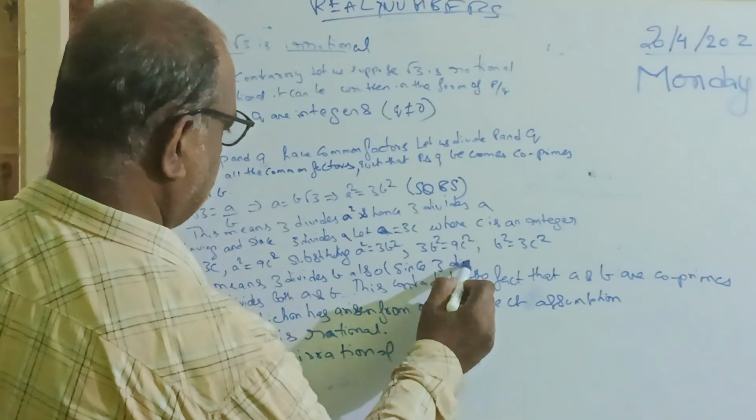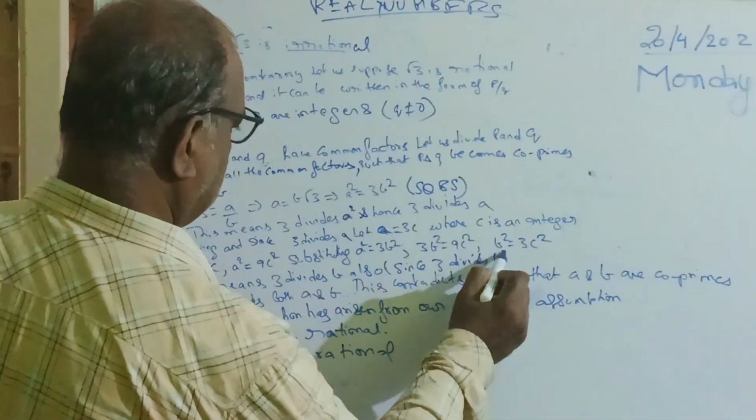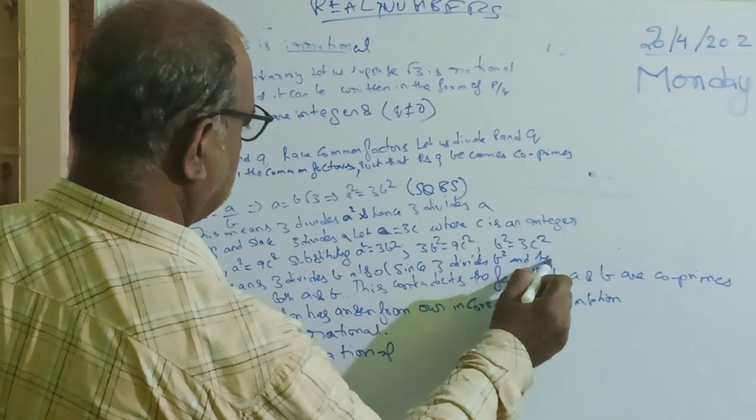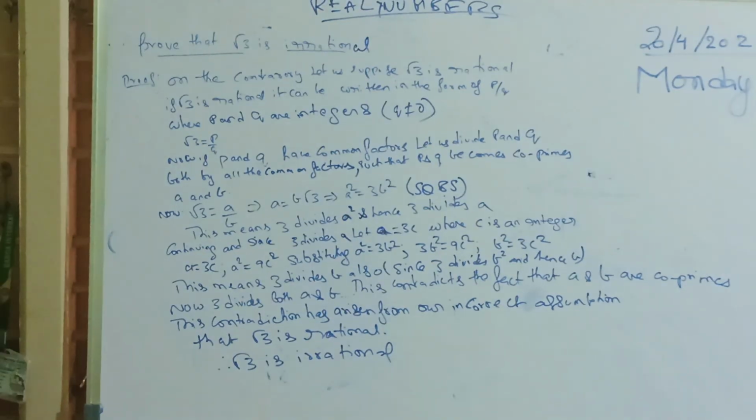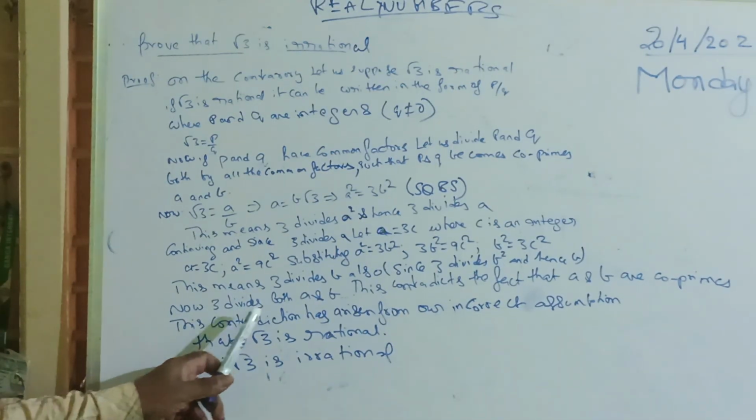Since 3 divides b square, it divides b also. Now 3 divides both a and b.